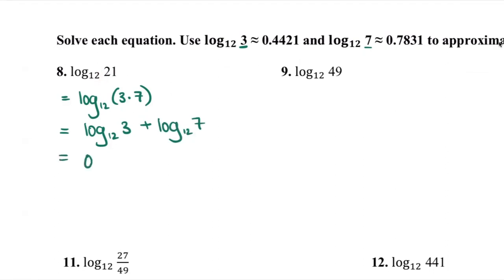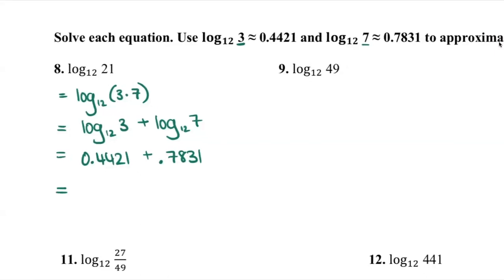And now just substitute with the decimals they give me. Okay, and then I'll just add those together. I get 1.2252. Okay, and that's it for number 8.